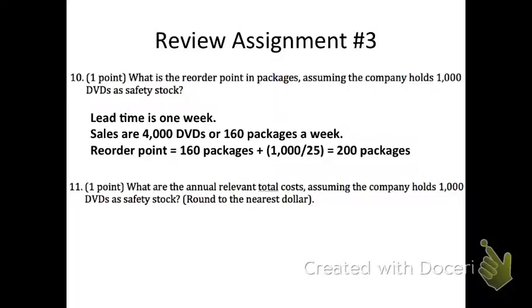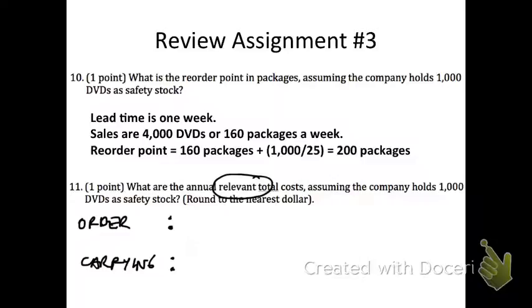All right, the annual relevant costs. My annual relevant costs are my order costs and my carrying costs. So whenever you see relevant costs in the economic order quantity model, the economic order quantity, remember, is minimizing total order and carrying costs. So what I want to do is determine these costs.